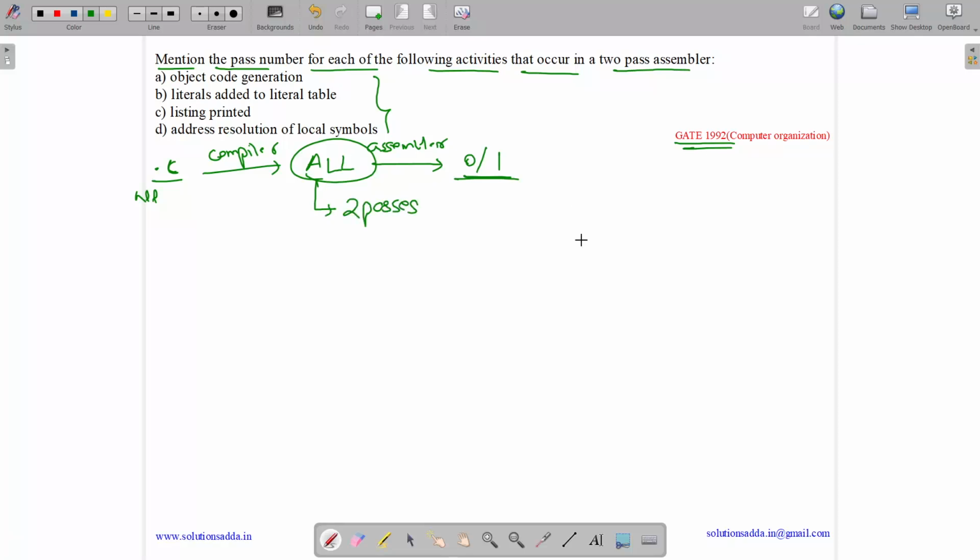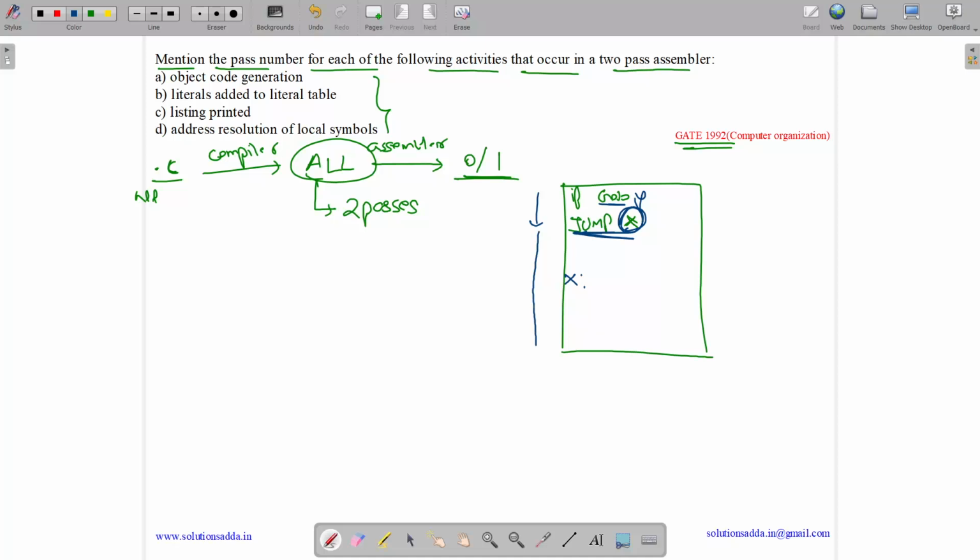Why is it done in two passes? Because suppose we have certain mnemonic codes for jumps. Like on a conditional jump we have a jump to an address, suppose X, and we have certain instructions, if instruction, go to instructions. Now when these go to and jump instructions come, they have a corresponding address. During the forward pass we do not know the actual address at which this X is present.